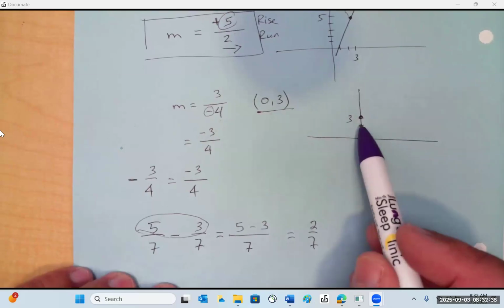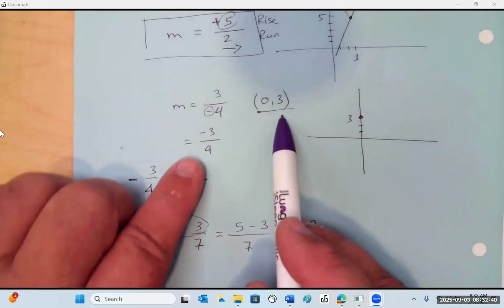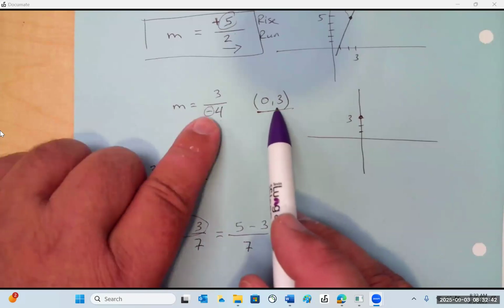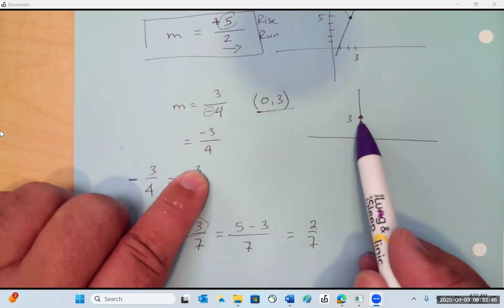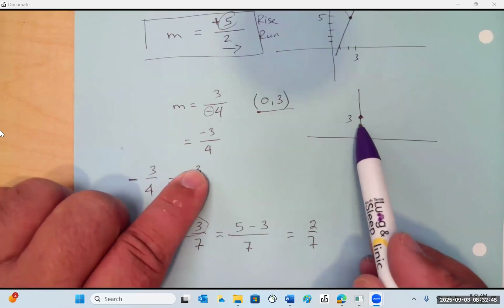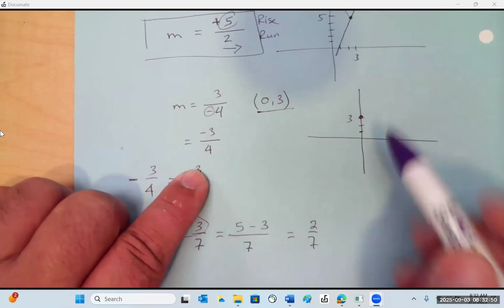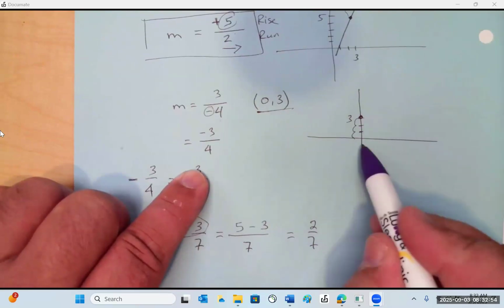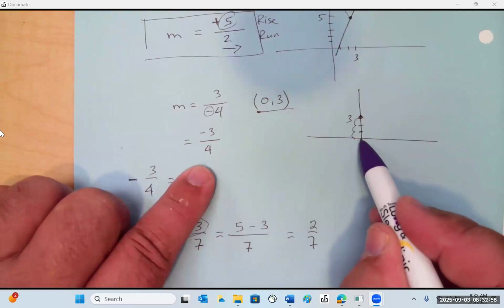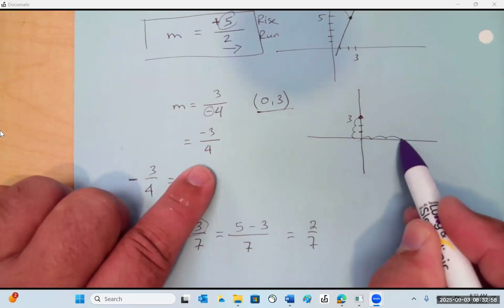So back to this thing. Our slope we know is 3 over negative 4, which is actually negative 3 over 4. So from here, which direction do we go and how many spaces? Down 3. So it's 1, 2, 3, and then over 4. So from here, 1, 2, 3, 4.